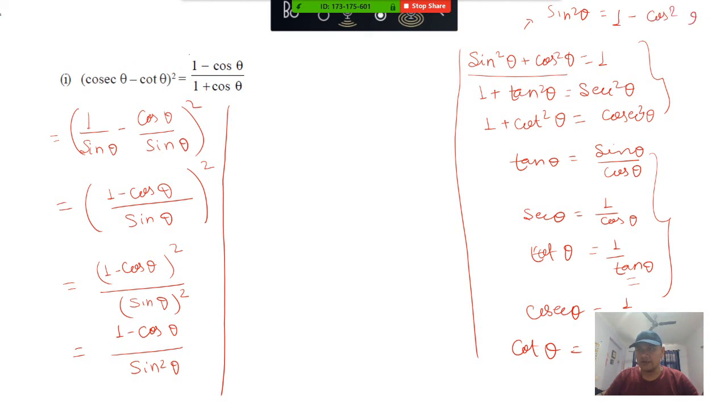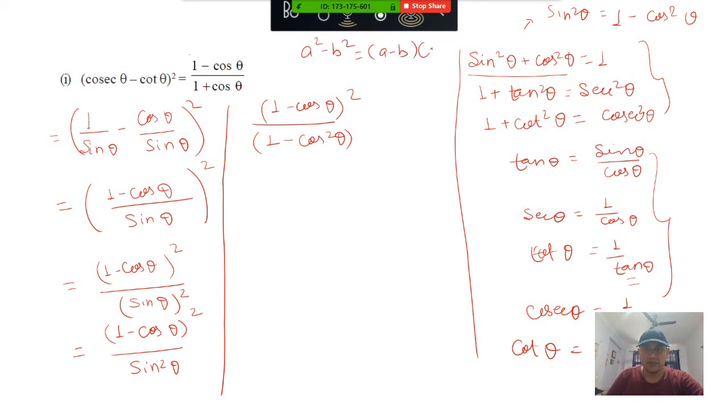So the same value I will put here. It will come as 1 minus cos theta whole square upon 1 minus cos square theta. And this 1 minus cos square theta can be written in the form of a square minus b square, which is a minus b into a plus b. Correct? So I will just use this formula here: a is 1 and b is cos theta.